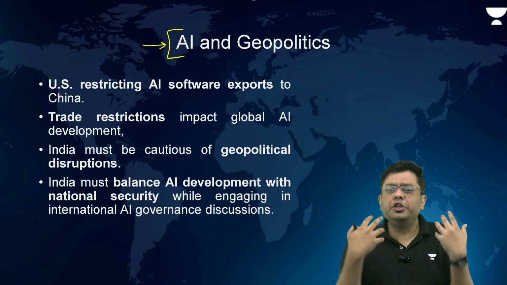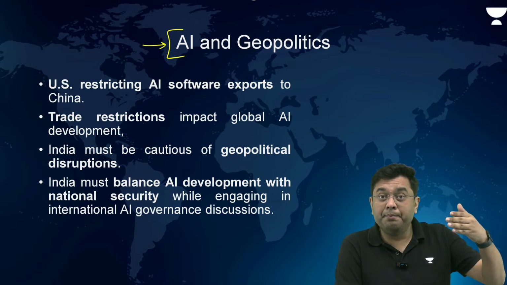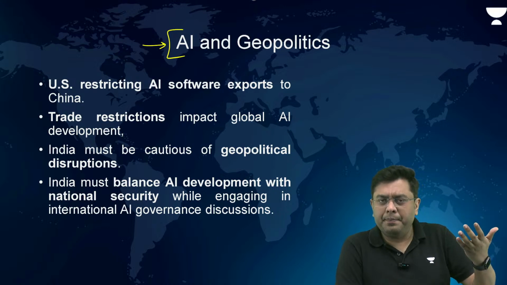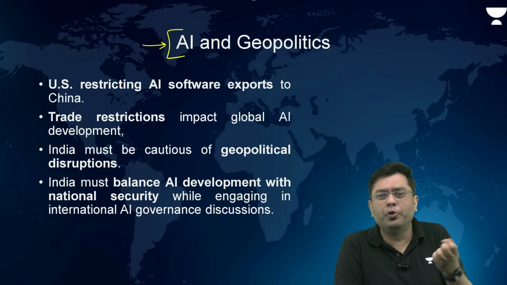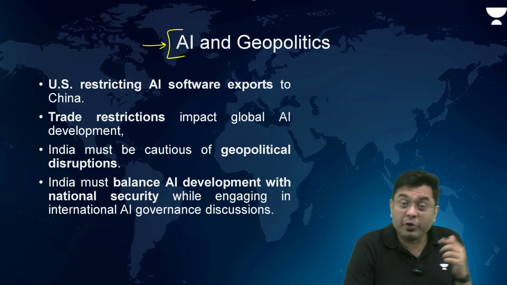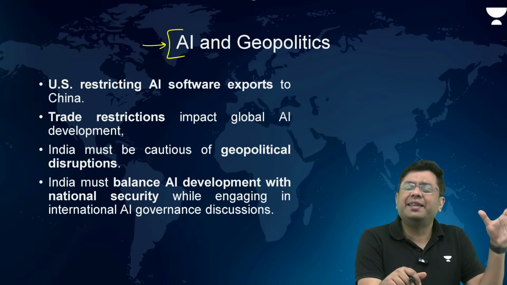Whenever geopolitical tensions develop, trade sanctions are imposed on one country or the other. For example, you have various sanctions imposed by the US on the trade of materials, goods, and even technology with China. Now, India offers itself as a safe alternative other than China.